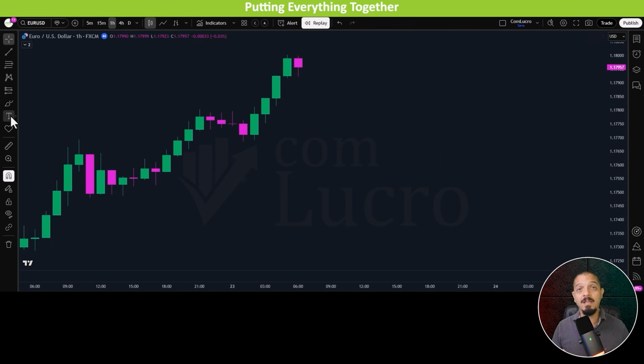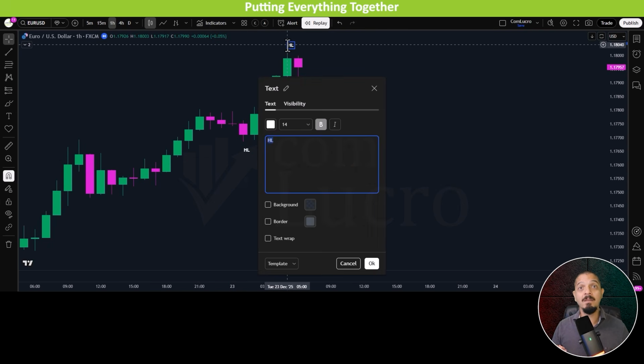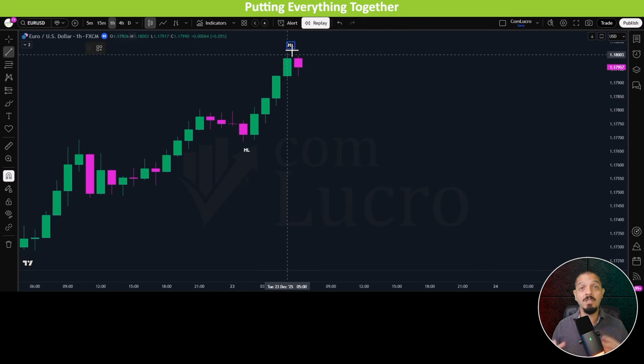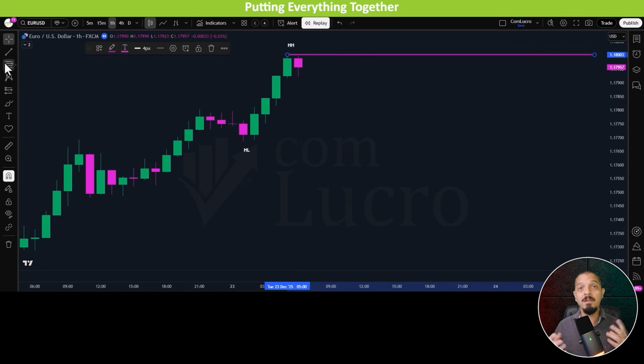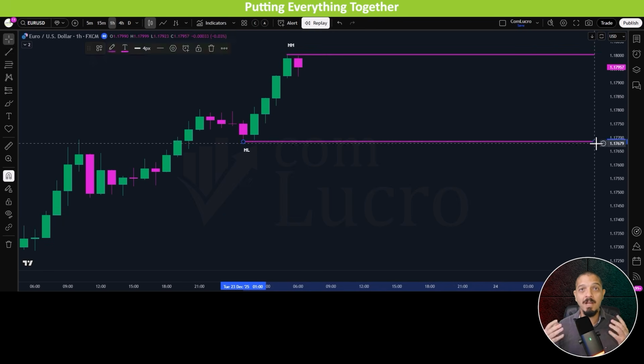So let us put everything together and walk through how to identify the ICT Turtle Soup setup step by step, on a bullish scenario and within an internal range context, which I will explain in more detail later. First, start on a higher time frame, in this case, the 1 hour.